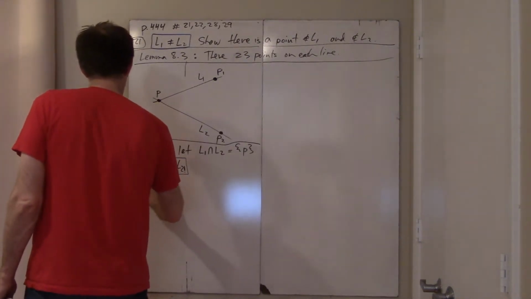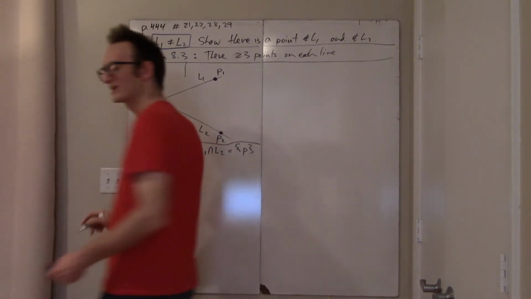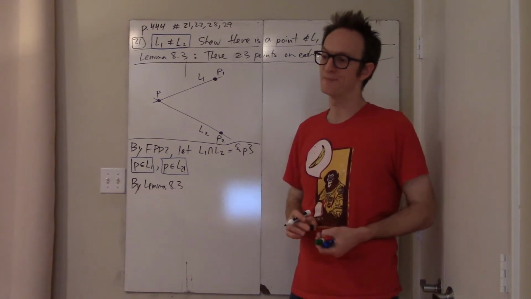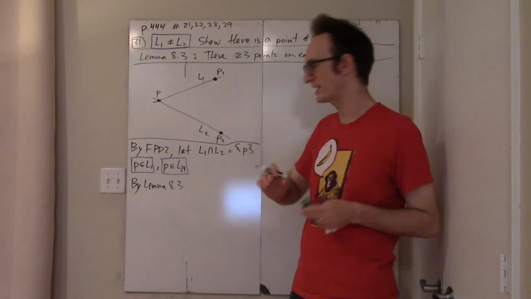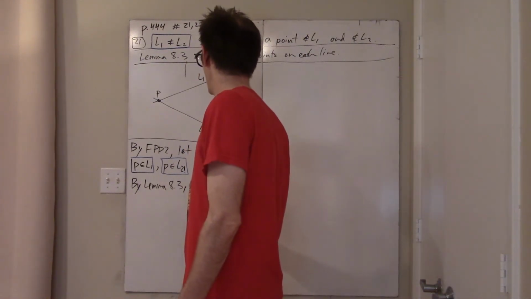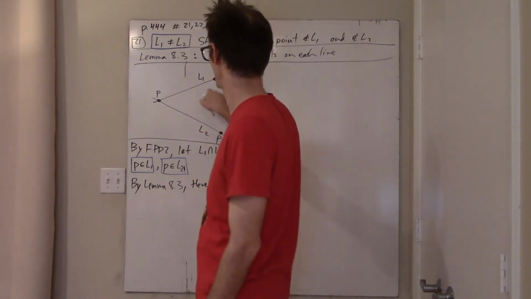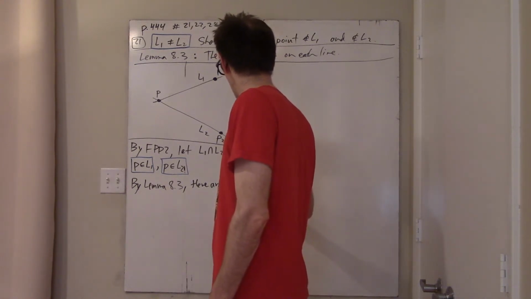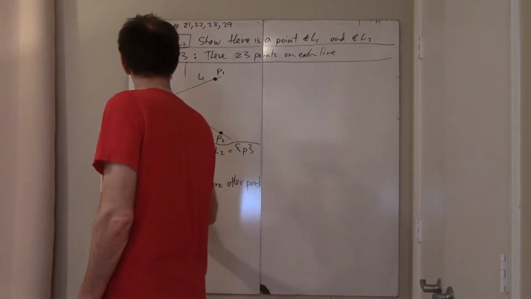So by lemma 8.3, now I don't need to engage anymore in the extremely low level reference to FPP3, which is very abstract. Instead, I can just go right for this. By lemma 8.3, there are other points, in fact, there's at least 3, on L1 and L2.